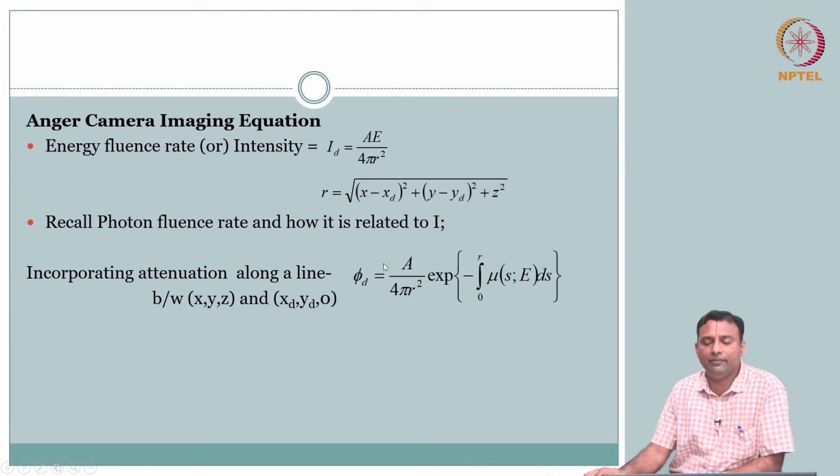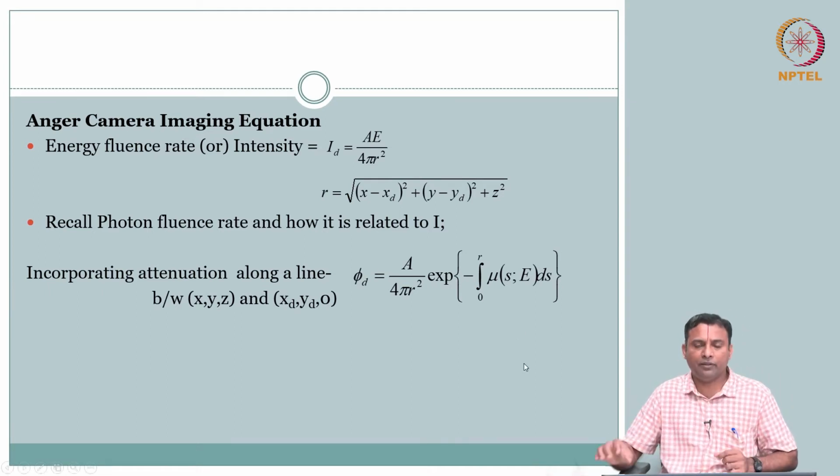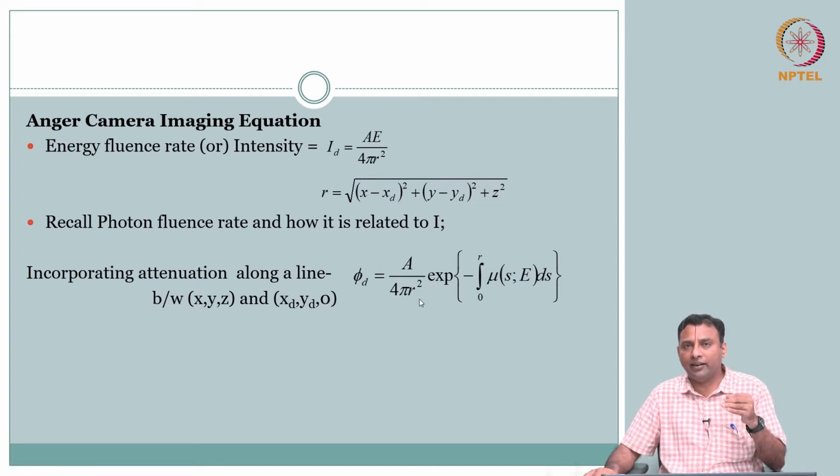This is very similar to what we had for X-ray photons, which we wrote in intensity before. So nothing surprising here, but as we go along we will do this again and again repeatedly.